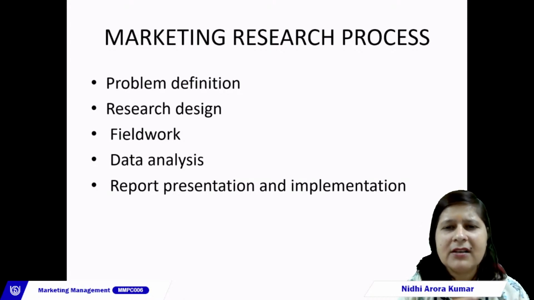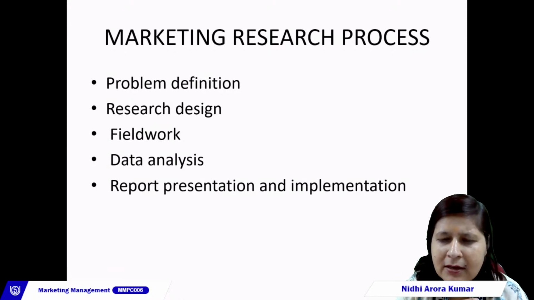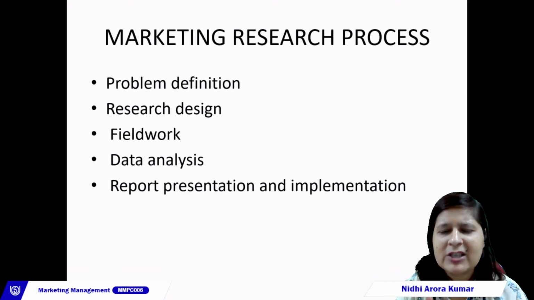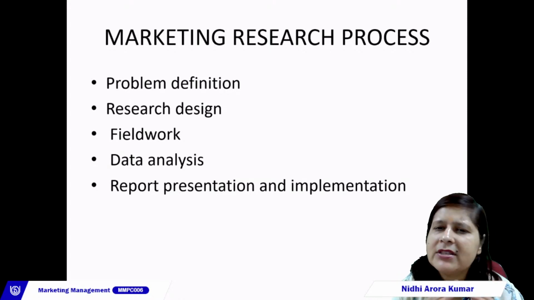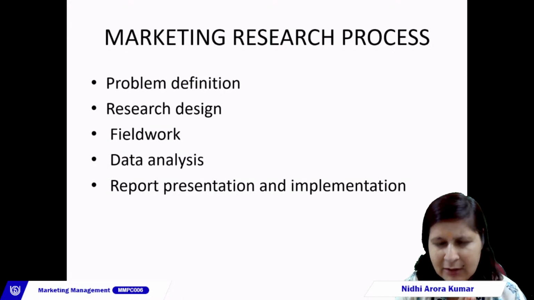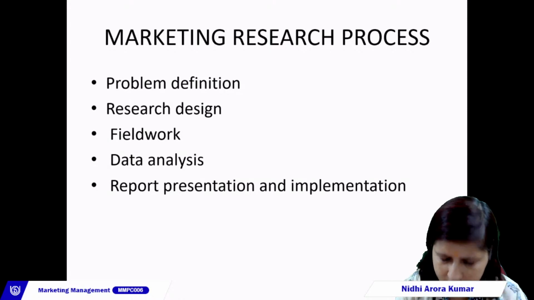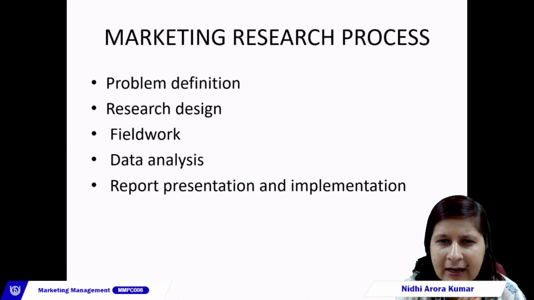So marketing research is a process which has a wide scope, and it impacts the whole marketing aspects, and there are various steps which one should follow in marketing research. The first step is problem definition, right? And then the research design. There should be a proper systematic design of a research. Field work. How will you conduct the field work? How will you collect the data?